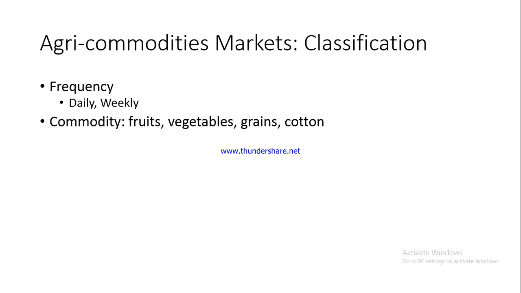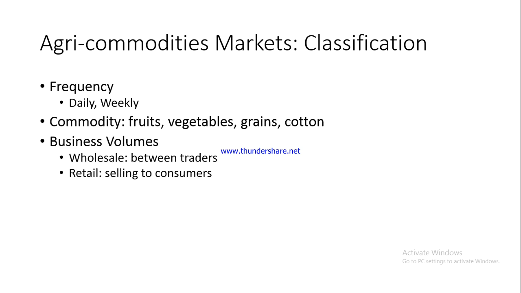In case the predominant exchange is of food grains, then it would be called the grains market. Likewise, if it is some cash crop like cotton or maybe sugar cane or maybe jute, then accordingly we'll use different nomenclature to designate such markets. So this is another basis of classification.